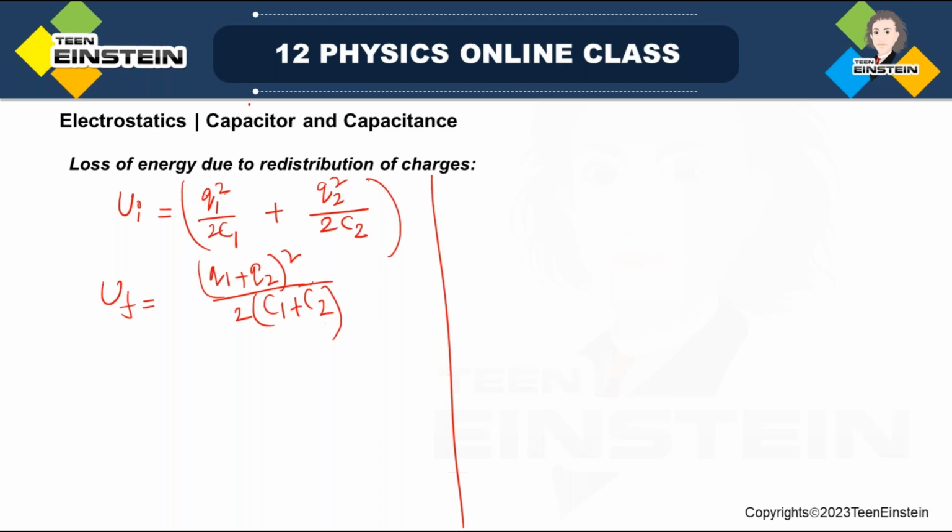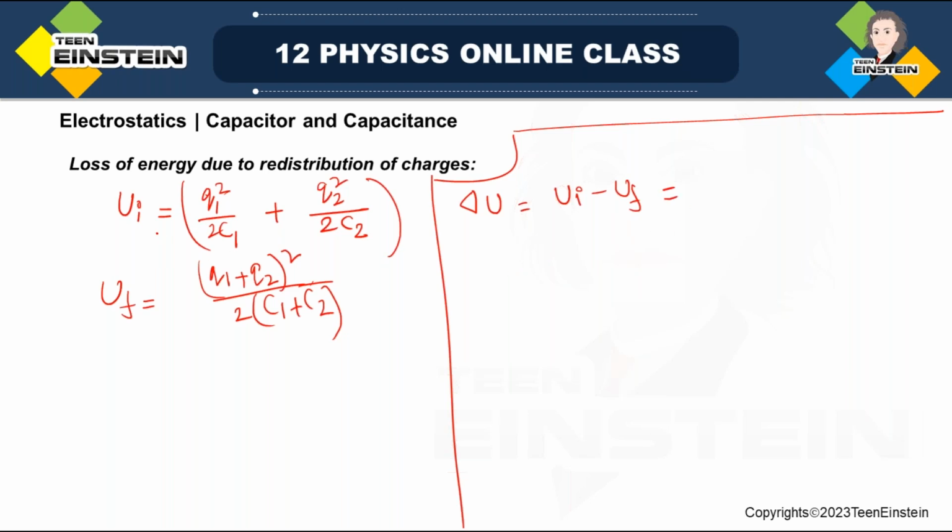Now we'll take the difference. Since it is said here loss, the final energy must be less than the initial potential energy, that we'll see later. So delta U will be U initial minus U final, because it is obvious that it will reduce or loss will happen.